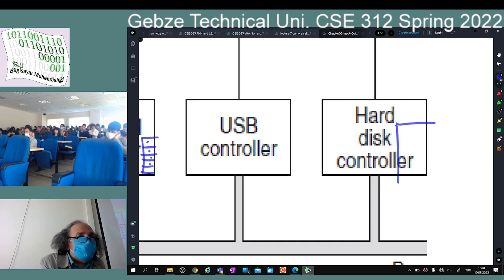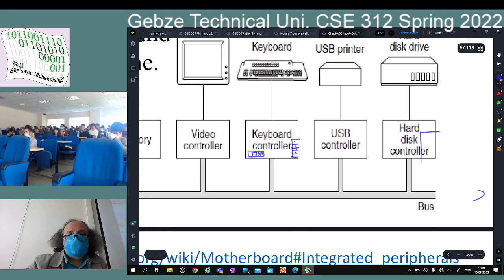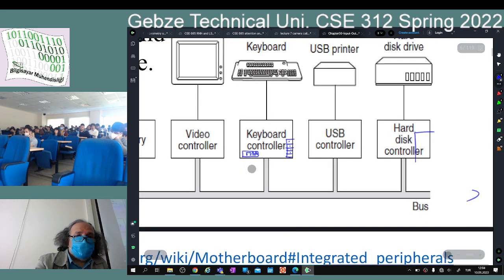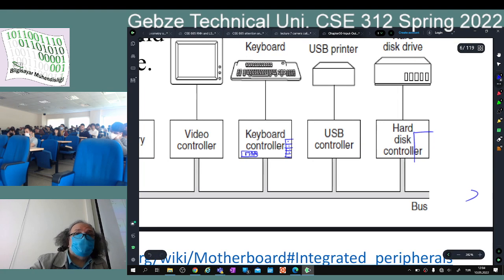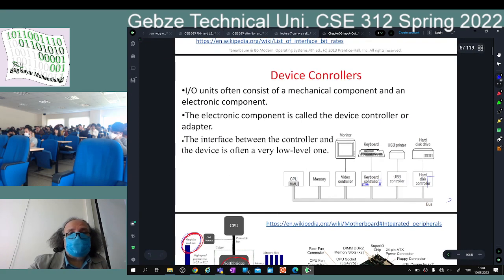They are computers themselves, as I said before. So that's how the communication happens: you just read these special registers, or write to these special buffers, to communicate with the device itself. That's the picture.